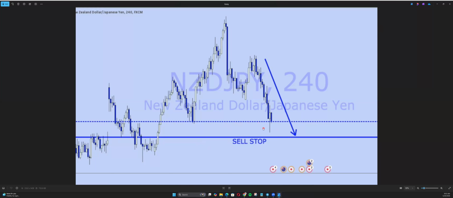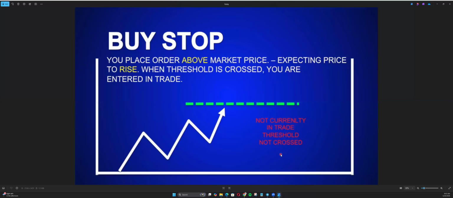This is what it looks like on the chart. You've placed your sell stop order somewhere here below price, and you're anticipating that once price goes below that point, it will keep going down. Now the next one, the buy stop order, is just like the sell stop order, but in the opposite direction.